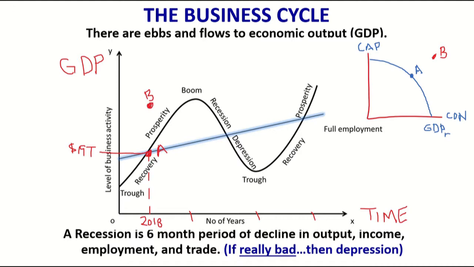Or we could be producing here at point C, and well, that's not really good. We would be producing somewhere right here, and we don't want to do that. We want to produce where we have the possibility to produce. That's where we are efficiently using our resources.